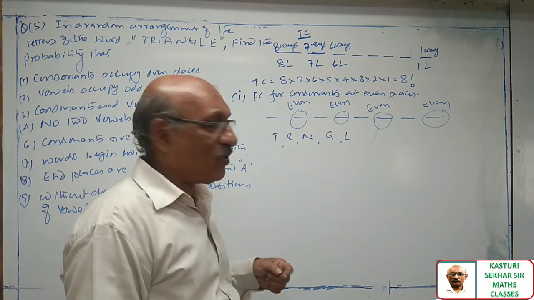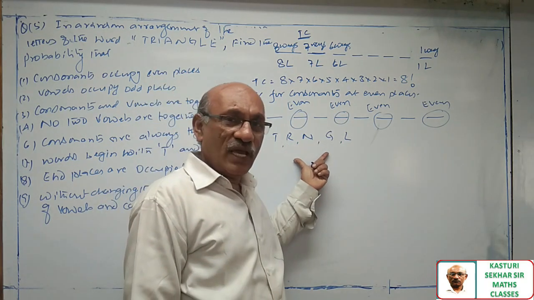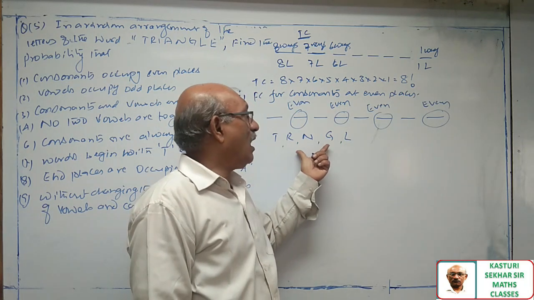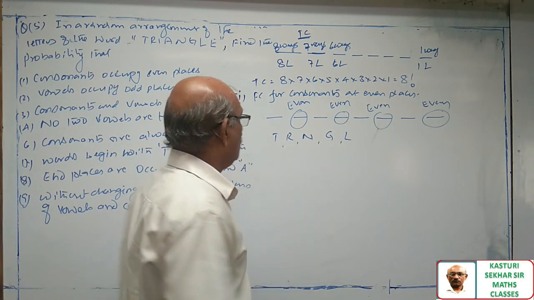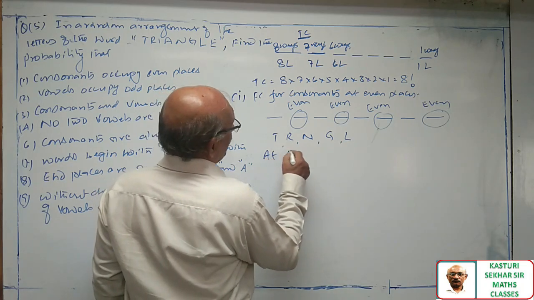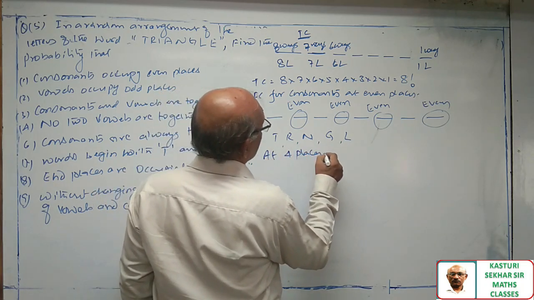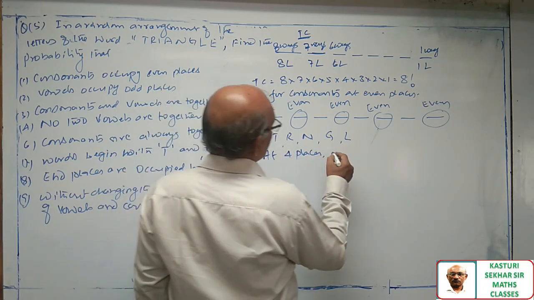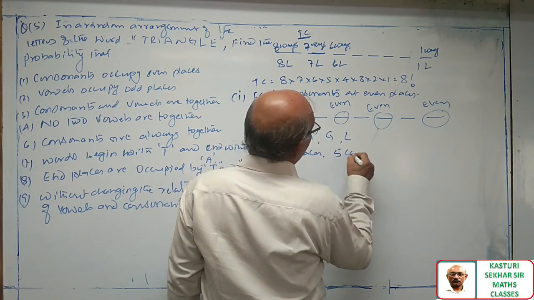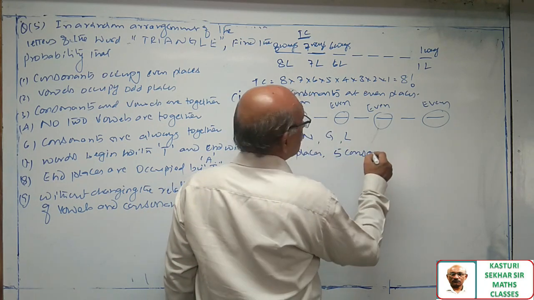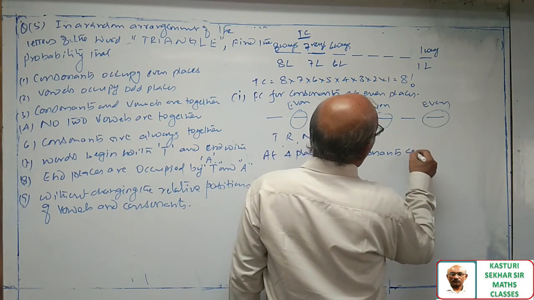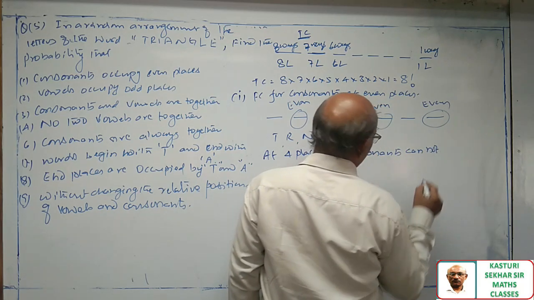The objects which we have to arrange, they are more than the places we have. So, at the 4 places, five consonants cannot be arranged.